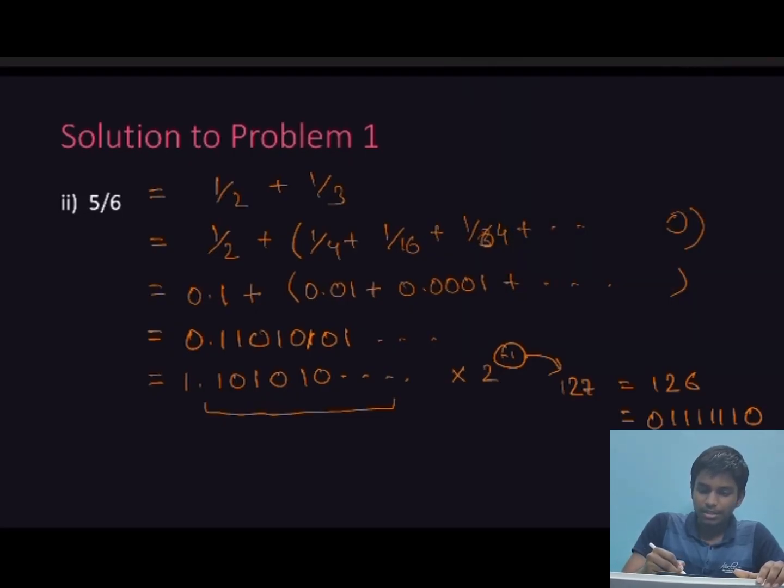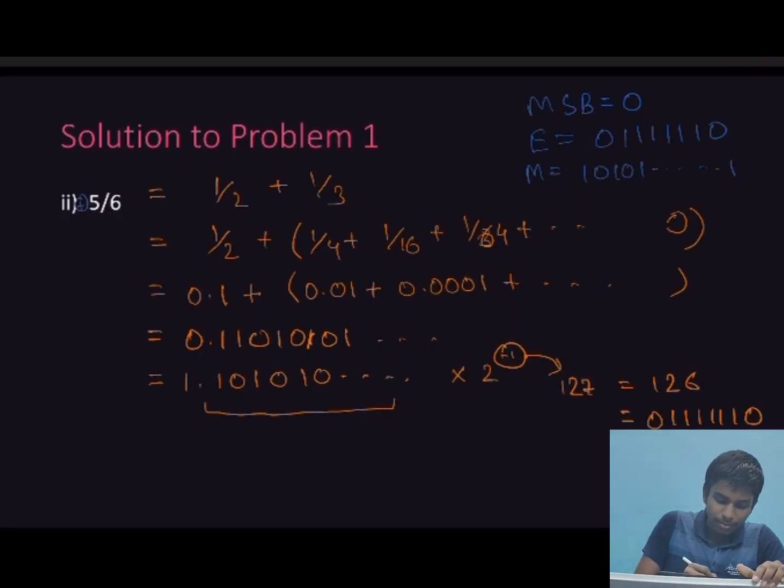Therefore we have the MSB as 0 because the sign is positive, the exponent as 01111110, and the mantissa as 101010 continued to 23 bits, which will end in 1.